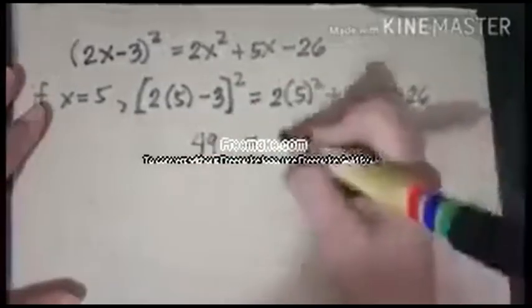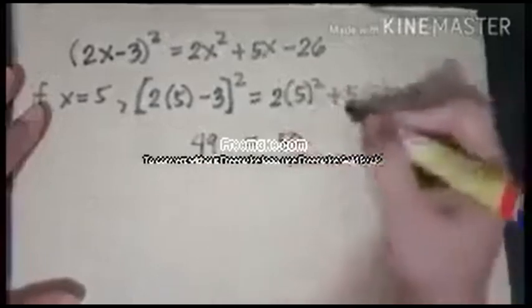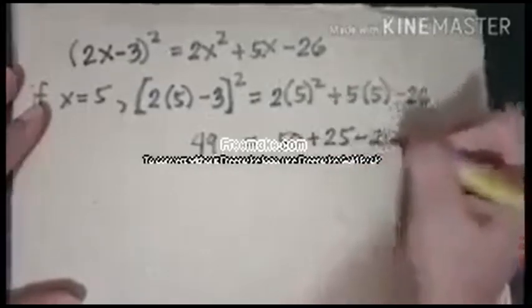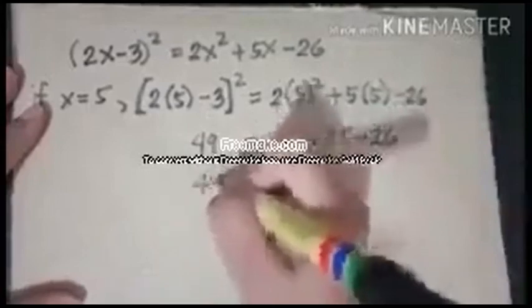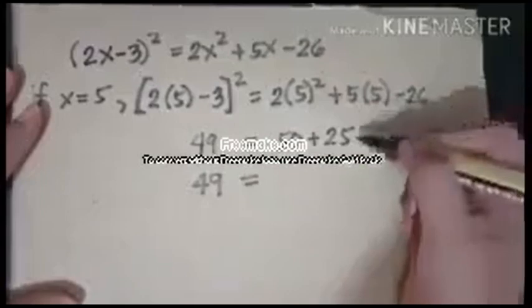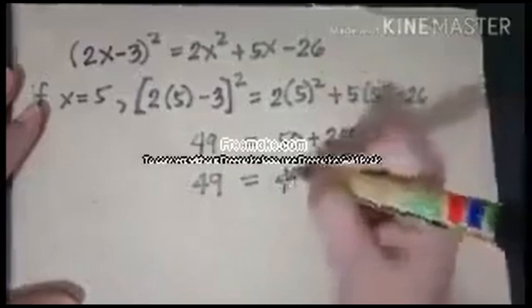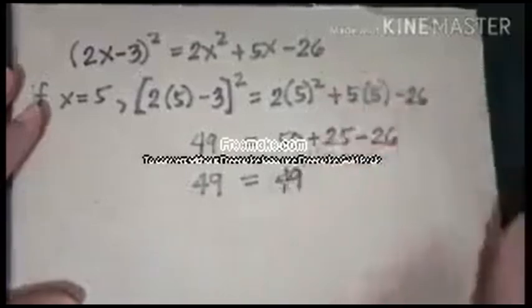Next, 5 squared is 25 times 2 is 50. Then, 5 times 5 is positive 25 minus 26. So, bring down 49. 50 plus 25 is 75 minus 26. So, therefore, you have 49. Okay? So, that means x is equal to 5 is a real solution.